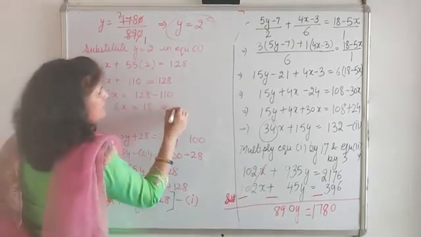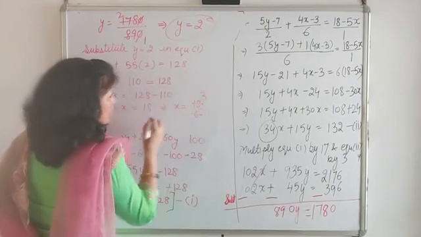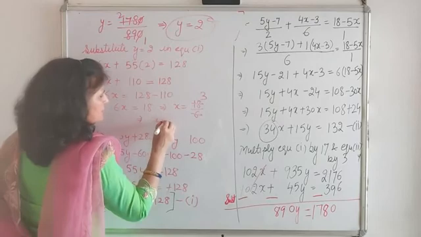And what will be x then? 18 over 6, 3. And value of x is 3.